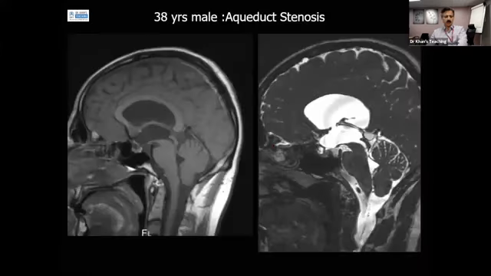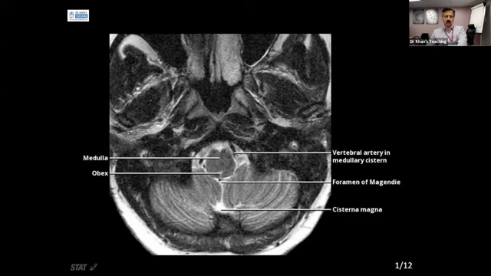Quadrigeminal, very good. So this is a case of hydrocephalus because of aqueduct stenosis, and you can see that there is a pineal cyst here, and there is some adhesions in the aqueduct, and you can see that this is the infundibular recess and how it is dilated, and you can see the upward bowing of corpus callosum also.